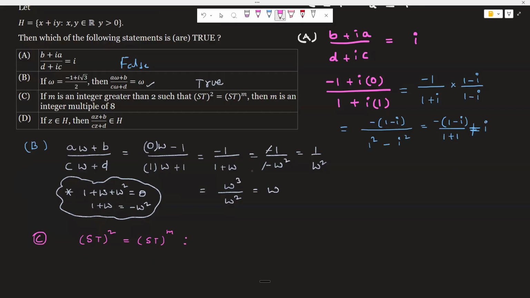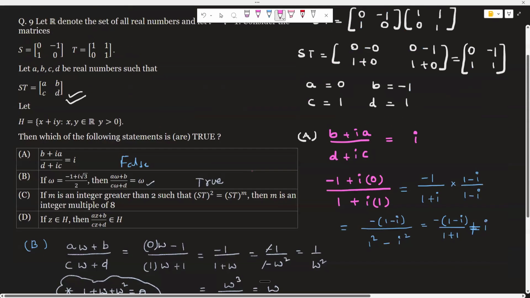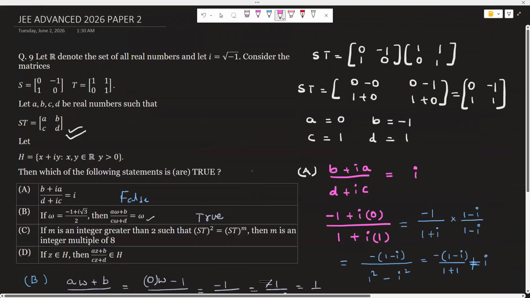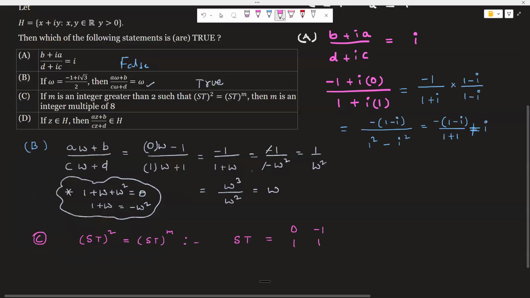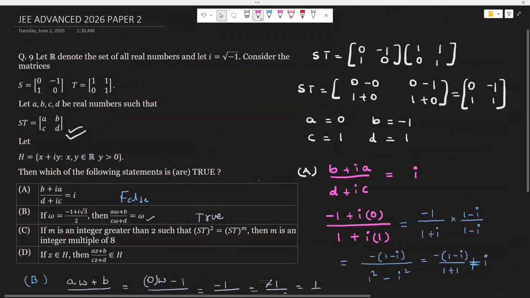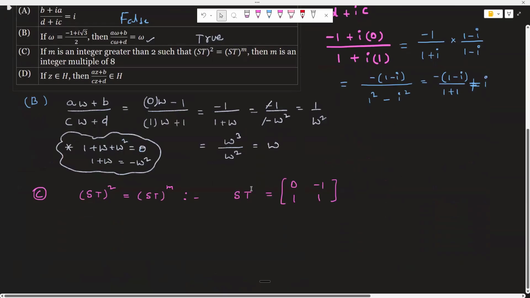For this, first we create the ST matrix, and we already know what the ST matrix is: 0, -1, 1, 1. We already performed this earlier.